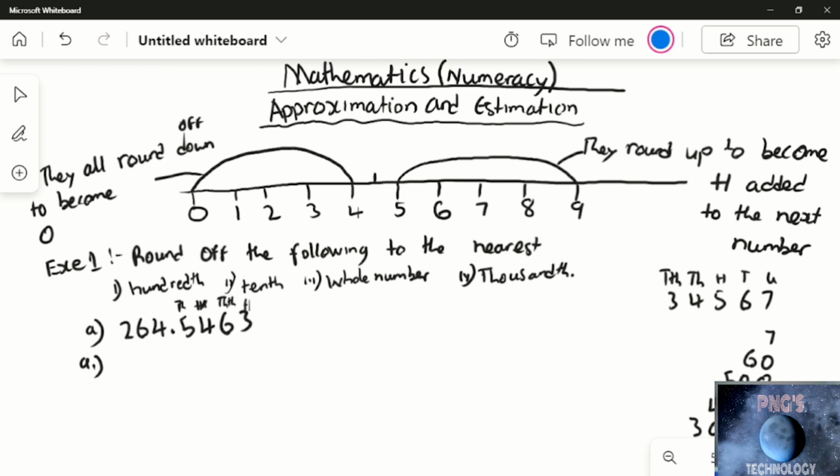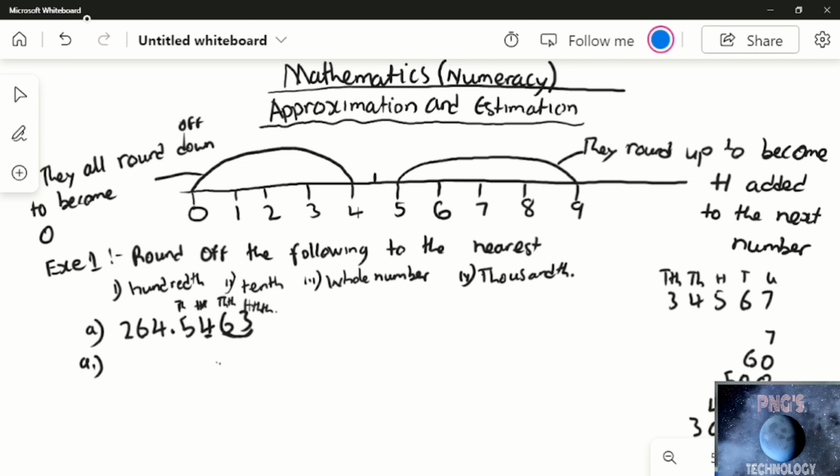And this is 100,000. So the nearest 100, so this is 100. So we are rounding up these two figures. Are you there? So 3 becomes what? 0.